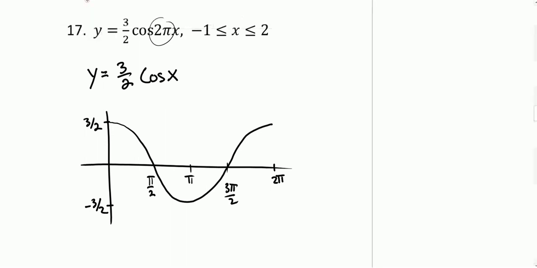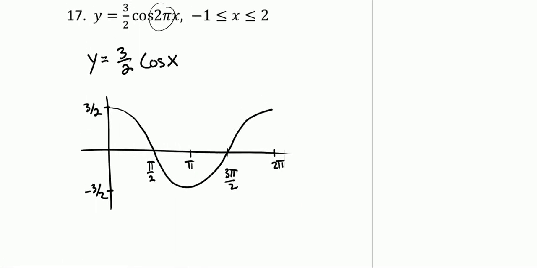But we have that 2 pi in front of x, so what we're going to do is divide each of those x values by 2 pi. When I divide pi over 2 by 2 pi, that's the same as multiplying by 1 over 2 pi. I end up with pi over 4 pi, and that reduces to 1/4. So I'm going to be replacing pi over 2 with 1/4.